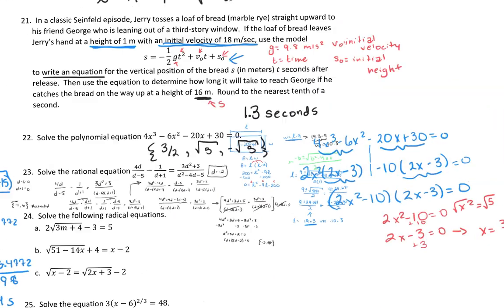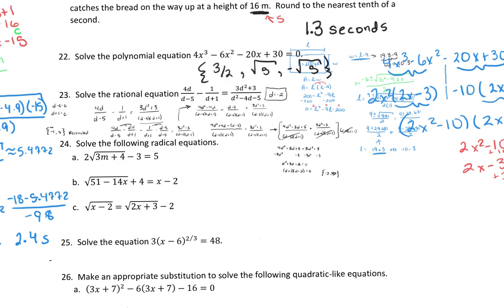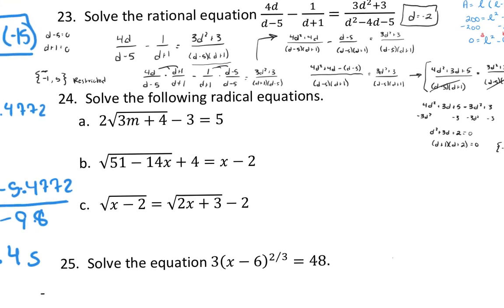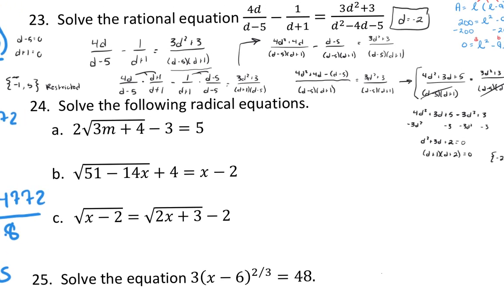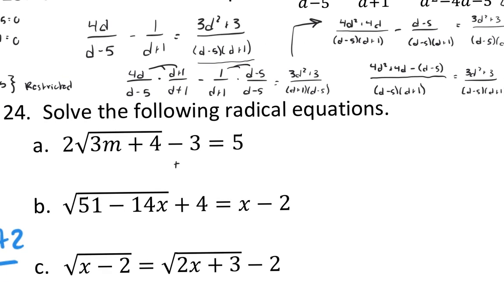Perfect. Awesome. So now our next problem, over here we have solve the following radical equations, for number 24a. And my first step would be to go ahead and add 3 to both sides. So we have 2 root (3m plus 4) equals 8. Go ahead and divide by 2.